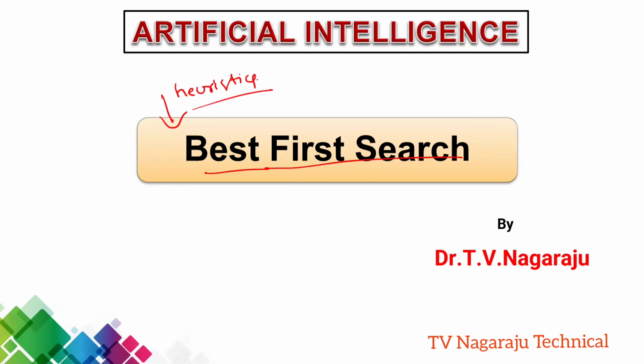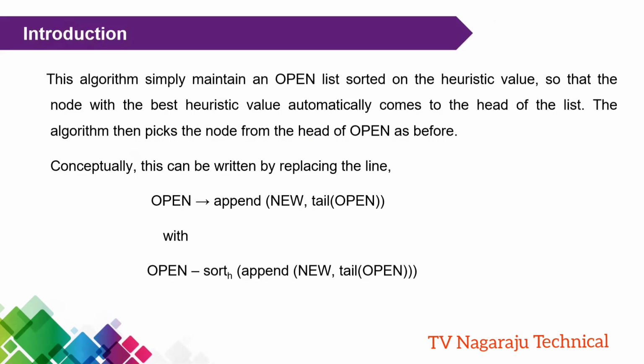Now, what the algorithm does is simply maintain one open list. Anyway, in either BFS or DFS also, we are maintaining an open list. This open list consists of all the unvisited nodes. Whenever we explore a node, all the successors are placed in the open list. Here also, it maintains the open list.